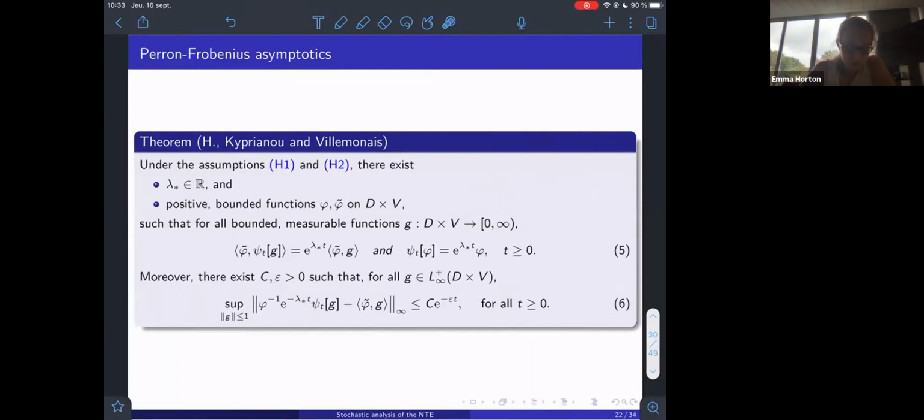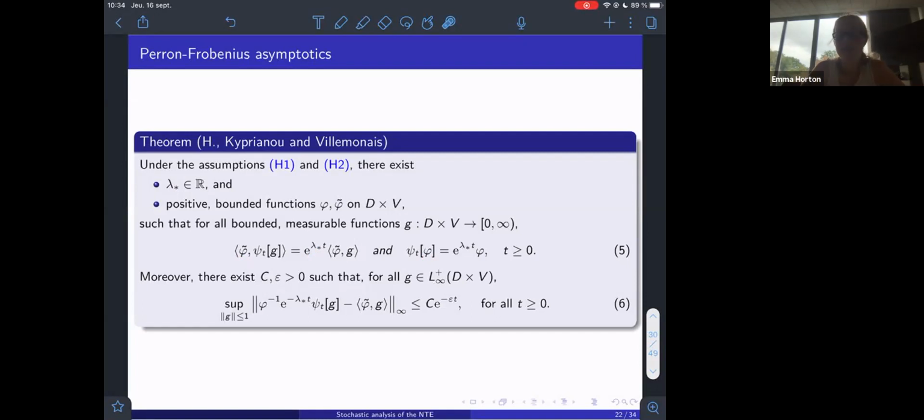With Andreas and Denis Villemonais, we have this result that says under the assumptions H1 and H2, for the branching process, we do indeed have the existence of a leading eigenvalue, lambda star, which was alpha as I described before, and two positive bounded functions, phi and phi tilde, which are the right and left eigenfunctions for the linear semigroup respectively. Here phi tilde is the left eigenfunction with respect to the eigenvalue lambda star, and phi is the right eigenfunction with respect to the same eigenvalue.